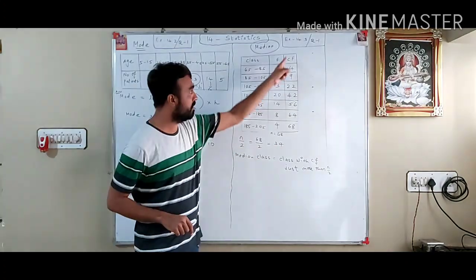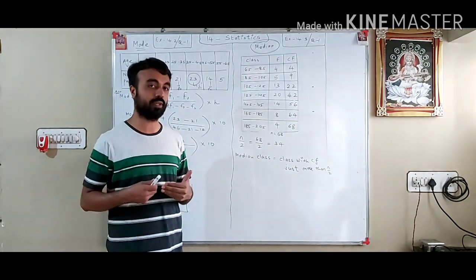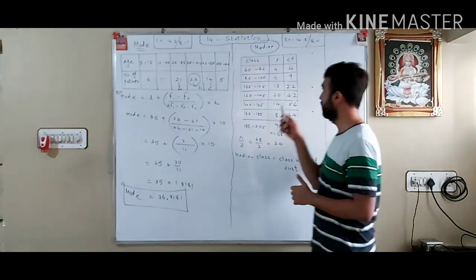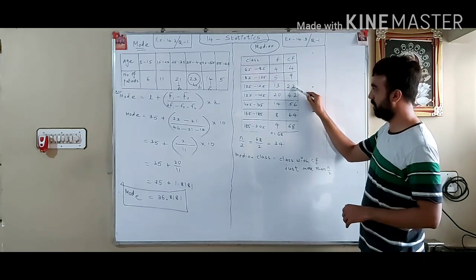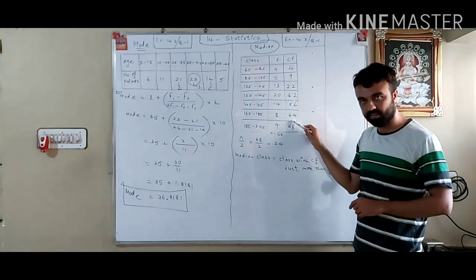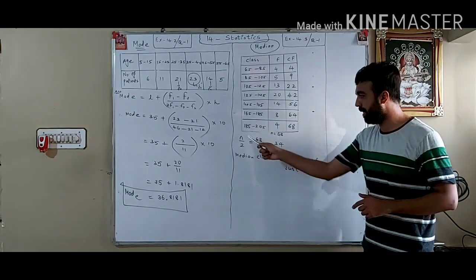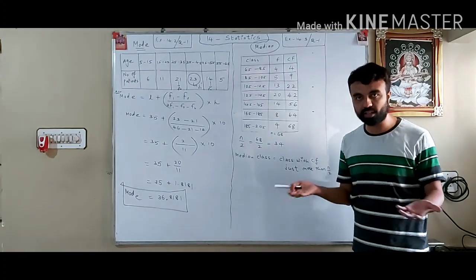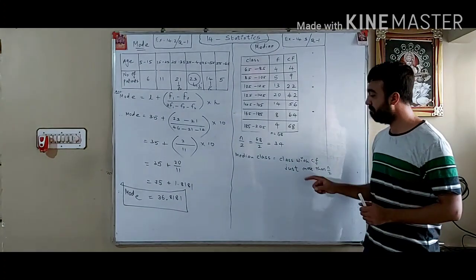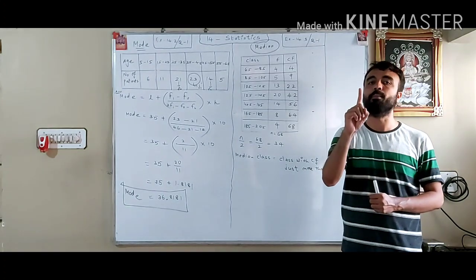What is n by 2? 34. तो इस कॉलम के अंदर 34 से बड़े नंबर ढूंढिए, इस कॉलम के अंदर 34 से बड़े, not this one, not this one, not this one. Yes, this is more than 34. Yes, this is also. Yes, this is also. So these four numbers are more than n by 2. They are more than 34. Which one do we want? Just more than. Means directly the first one which comes.